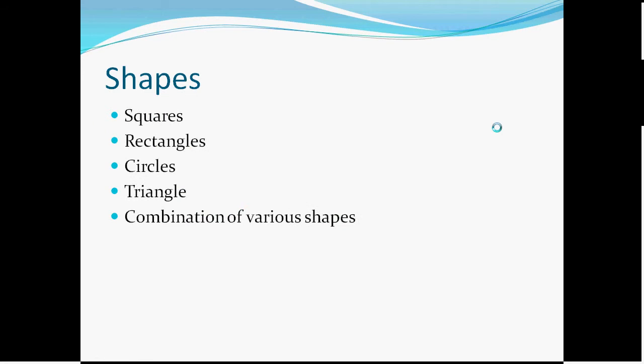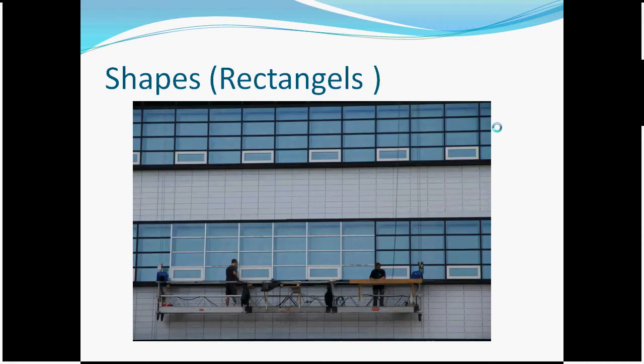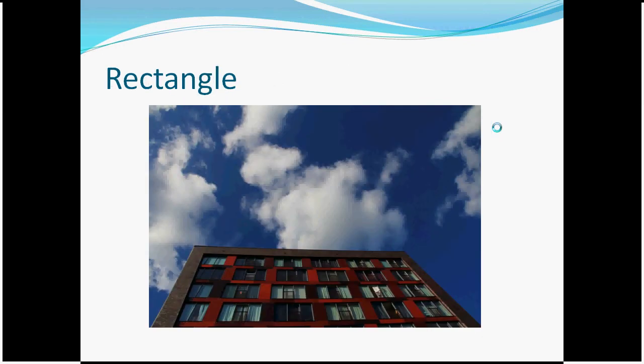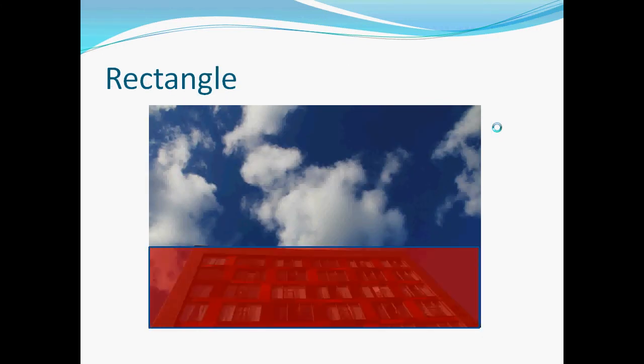And lines make shapes: squares, rectangles, circles, triangles, or a combination of various shapes. So when you see a rectangle, square, circle, or a shape, that can be a good shot, and you may like to include it in your picture. Rectangles again.